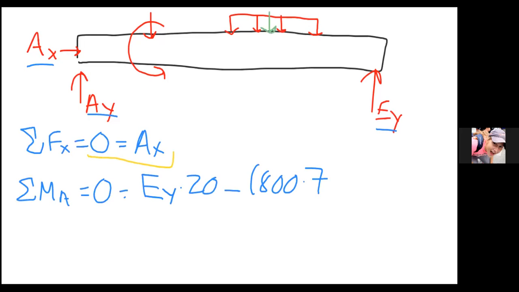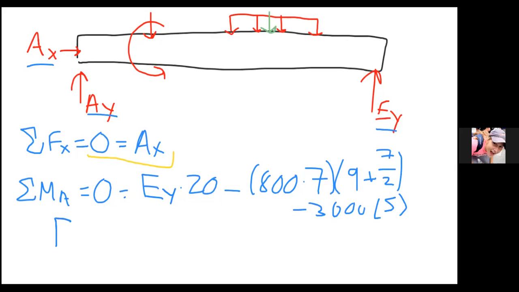And then I have to multiply it by the distance it's acting at away from point A. So that's going to be 9 plus 7 halves, because we know rectangular loads just act right in the center. And I'm also going to subtract 3,000 times 5 from the point load. This ends up telling me that EY is equal to 3,850 pounds.